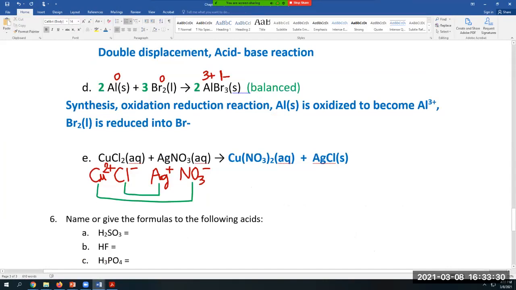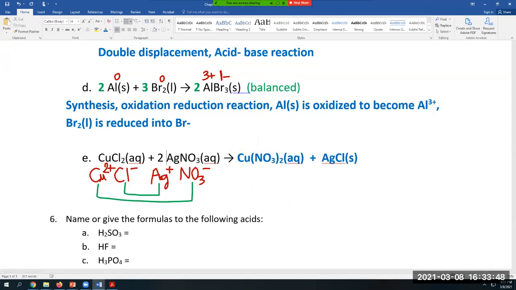So let's see if we need to balance. We have 1 copper on the left, 1 copper on the right. Let's balance the nitrate first, because that's the polyatomic ion here. 2 nitrate on the right, 1 on the left. So let's make it 2 by having a 2 in front of AgNO3 here. Let's find a new color here.